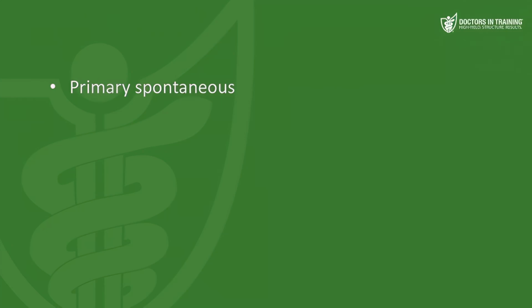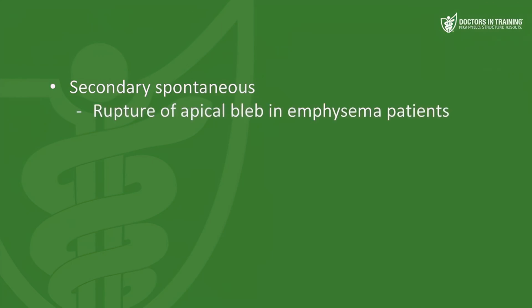Primary spontaneous typically occurs in tall, thin people who have apical blebs, and you would call them ectomorphs. Secondary spontaneous typically occurs in people with either COPD or some type of emphysema, and they have apical blebs as well.